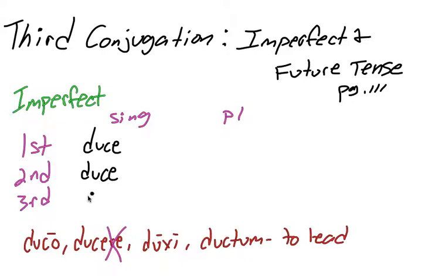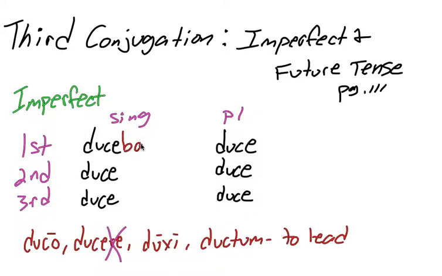Okay, and I'm going to go ahead and put that stem throughout the chart. And then I'm going to add BA for my tense, because this is imperfect. Remember, BA is the tense sign for imperfect.